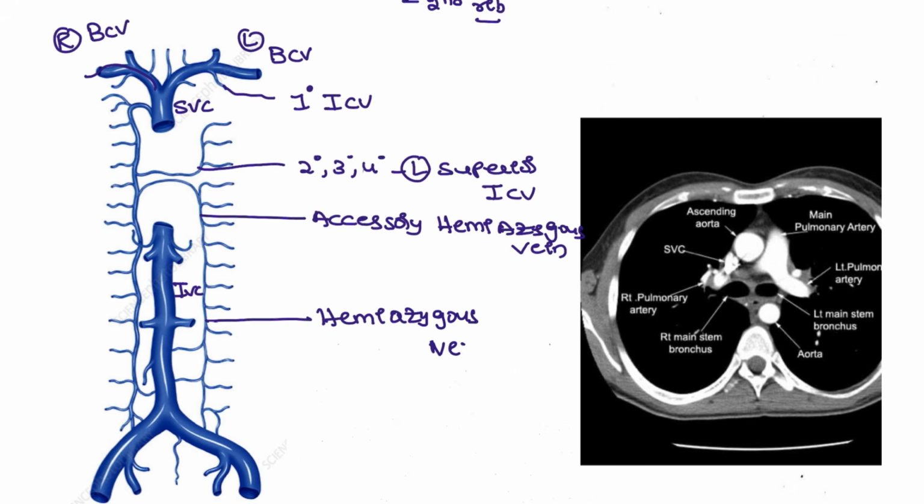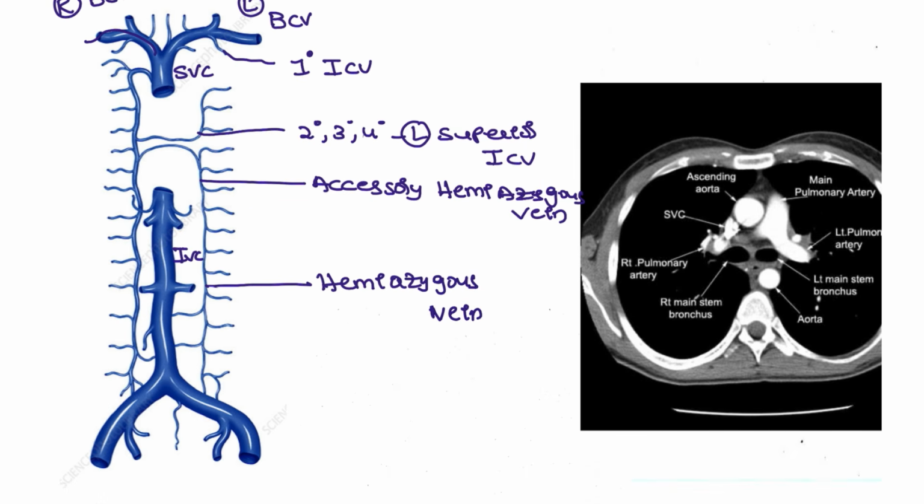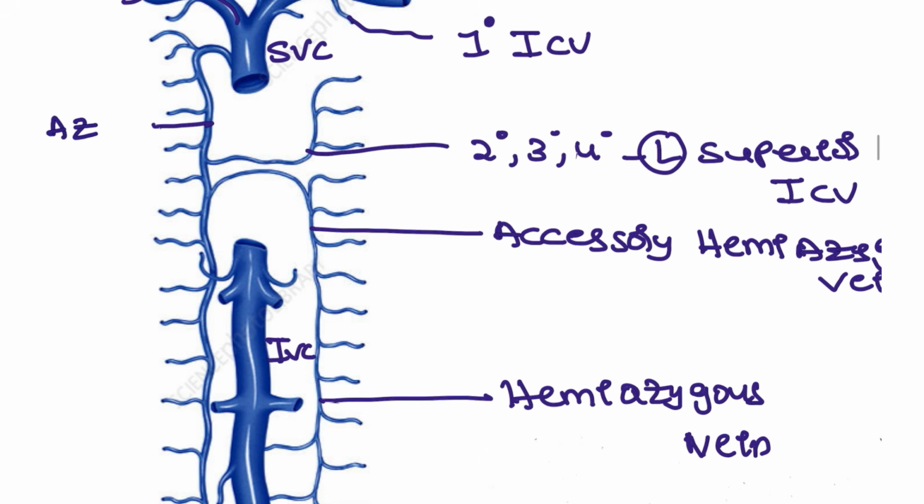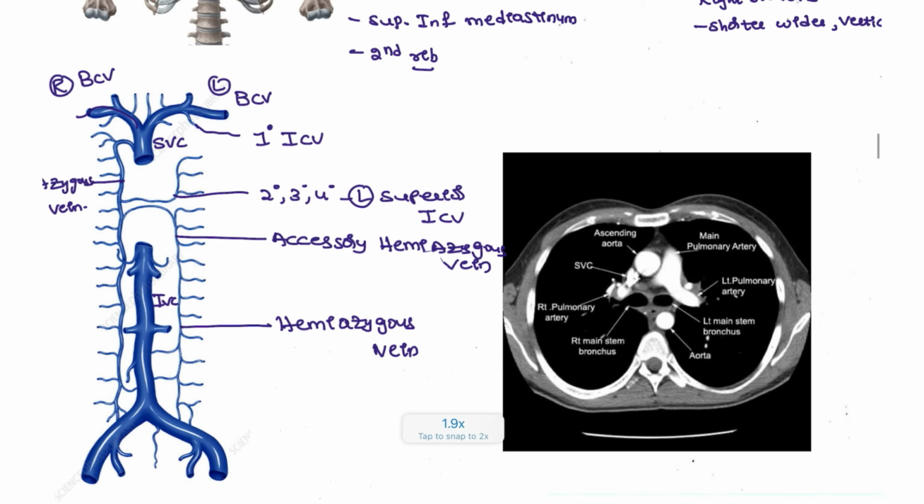Where is the main azygos vein, guys? Here you can see the main azygos vein, which is present on the right side. This is the venous supply of the complete ribs and intercostal muscles.